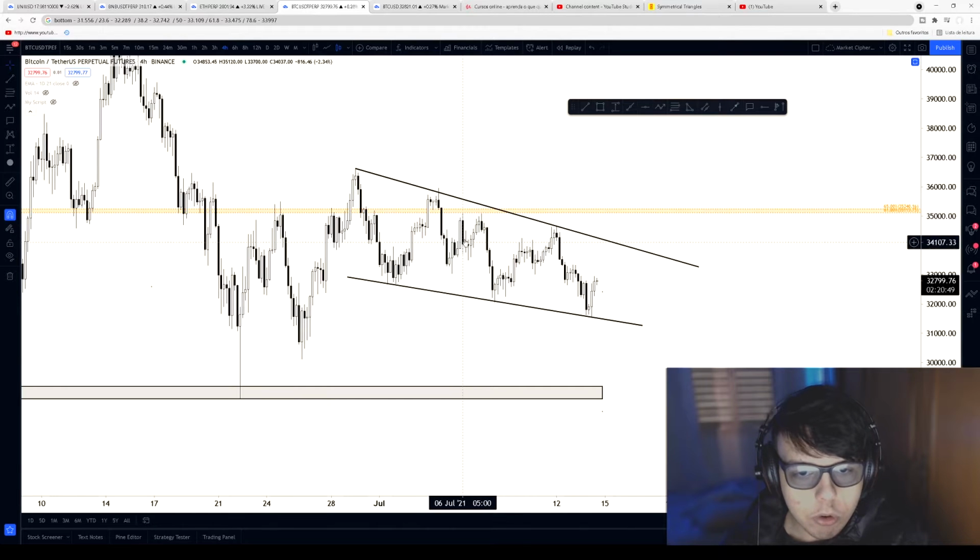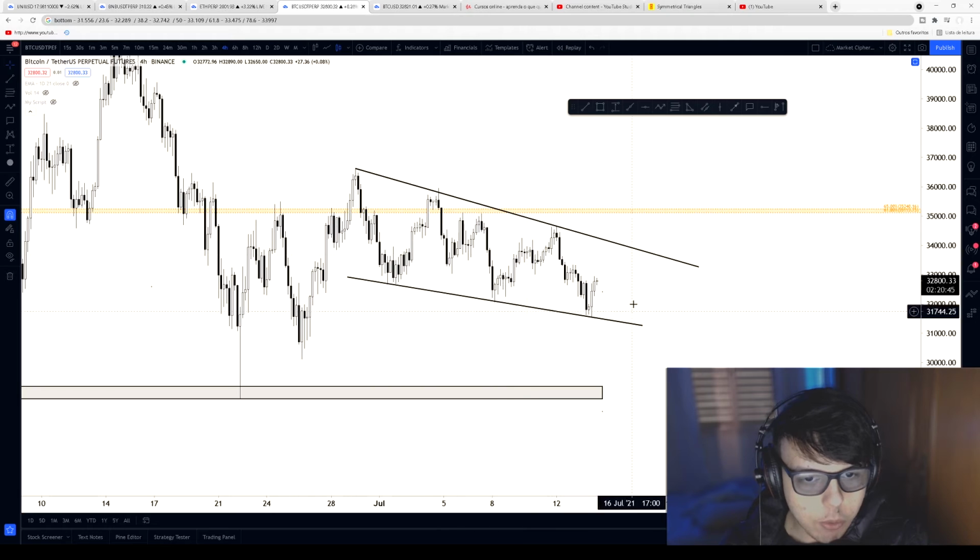Okay, so I did talk to you guys about this sort of falling wedge that we are at on BTC for our chart right now. And you could make the case for a downward channel as well on this chart here.